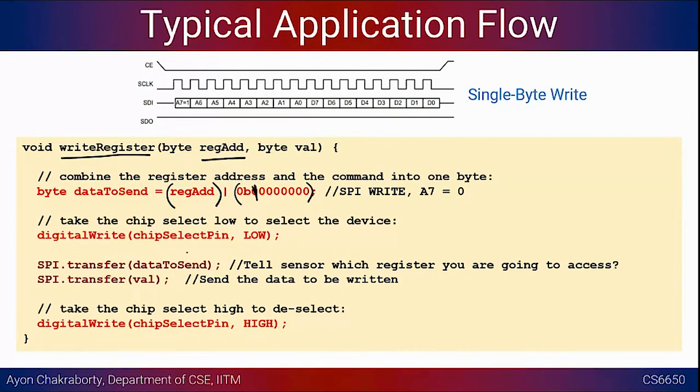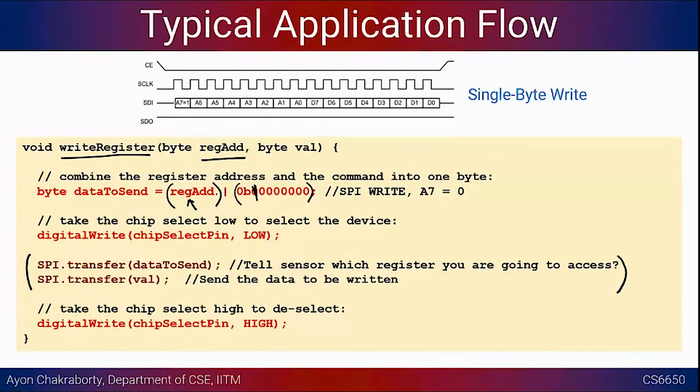So you are basically making this particular pin low because this is the start of the write cycle, and these are the two main things that you want to do: SPI transfer data to send, and immediately after that you transfer the val. What the sensor will do, depending on how the sensor has specified it in their manual, is copy that val to the particular register having that register address, register add.